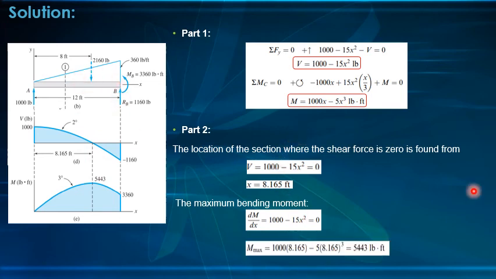So, substituting, so we have here 1,000 multiplied by your x, that is 8.165 minus 5 multiplied by 8.165 cube, and that will give us a moment of 5,443. That is your maximum moment.